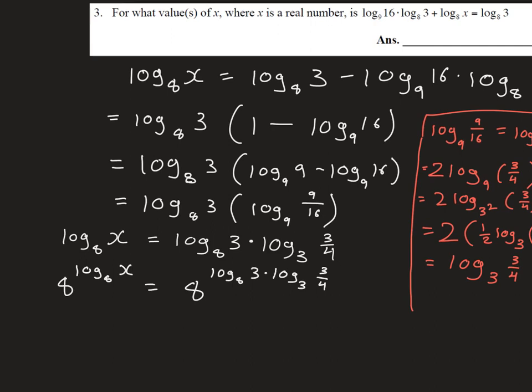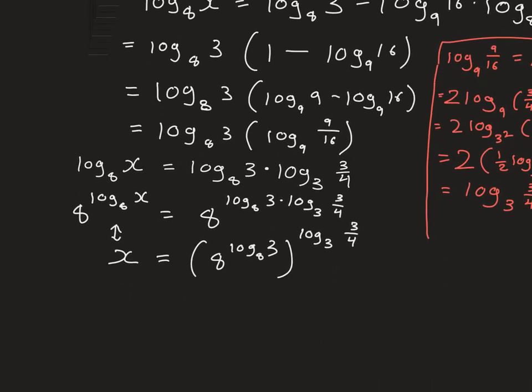And by the properties of logs, this is just x on the left side. And let's rearrange the right side so that we can do some stuff. And that's just how exponents work.